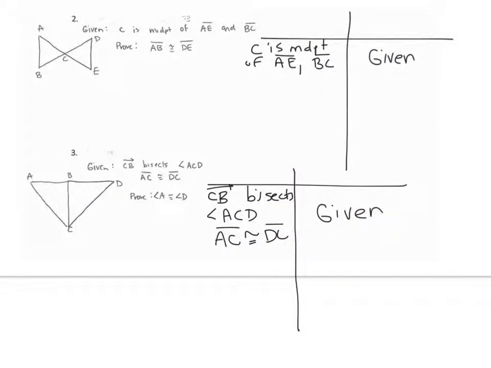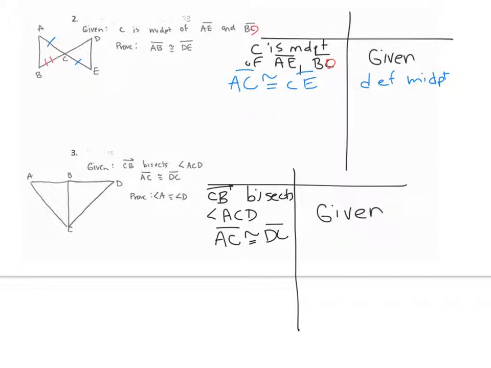Okay, for the first one I wrote the given in, and if you know that C is the midpoint of AE, you can mark that these two are congruent. So I know that AC is congruent to CE by definition of midpoint. I can also do the second one, which is C is the midpoint of, this actually should say BD.